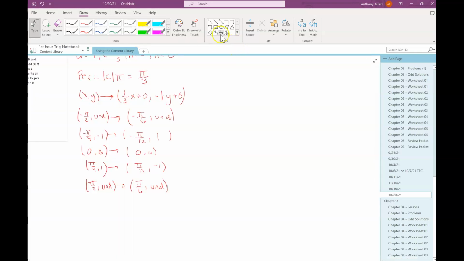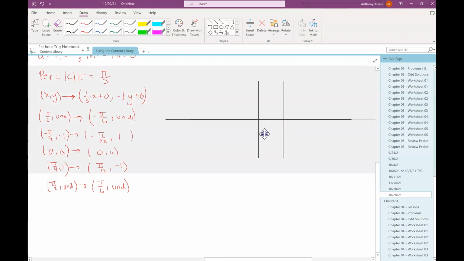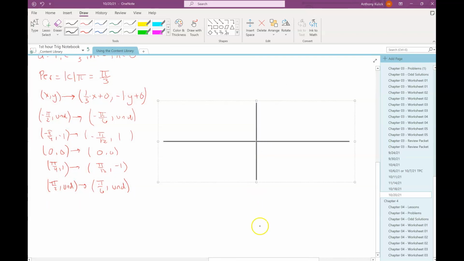And then I'm going to draw my own grid here to graph this on. I'm going to make it real long because looking at my x's, basically I'm going up by 12ths, right? So I have negative 2 12ths, negative 1 12th, 0 12ths, 1 12th, 2 12ths.